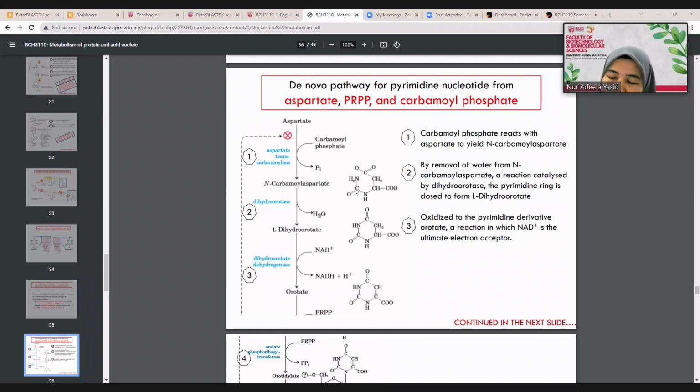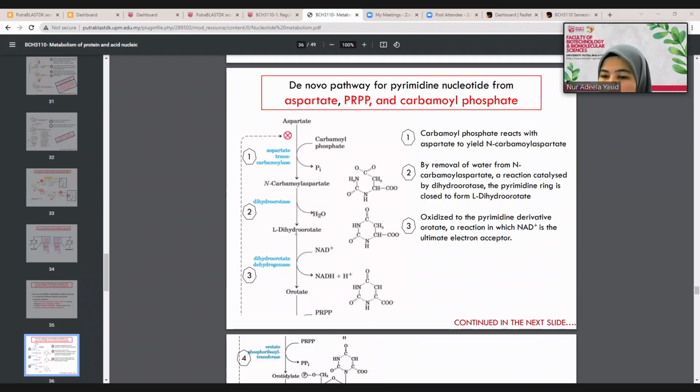The next reaction involves intramolecular condensation by the enzyme dihydroorotase, which removes a water molecule.